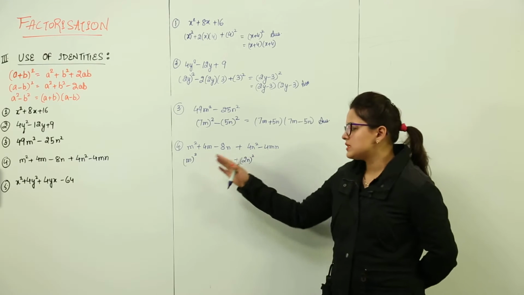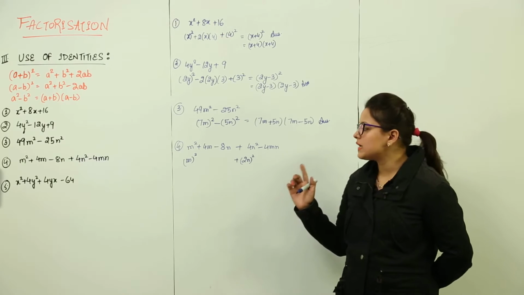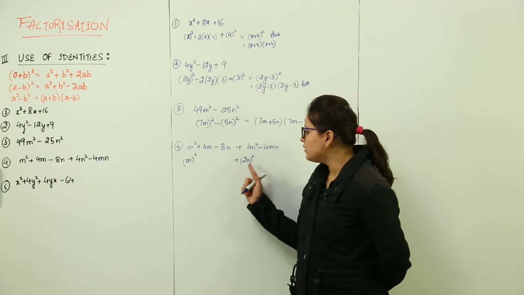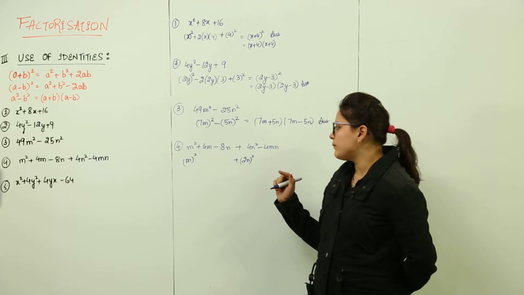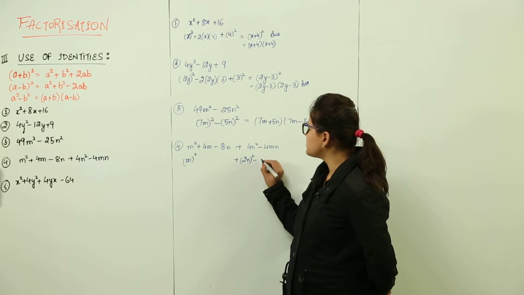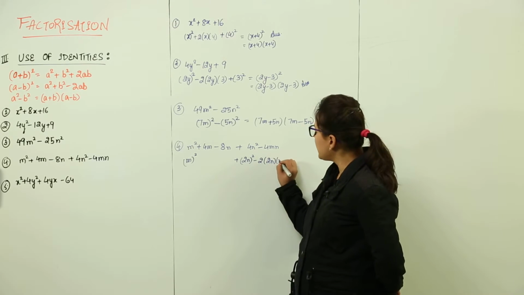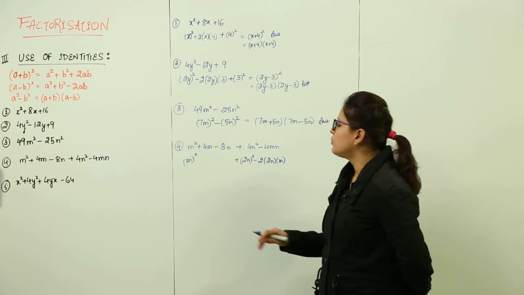Now, if this is a square and this is b square, the next term would be 2ab. That means 2 into m into 2n. That would be 4mn. Somewhat this. So I can write this as minus 2 into 2n into m. What are we left with?